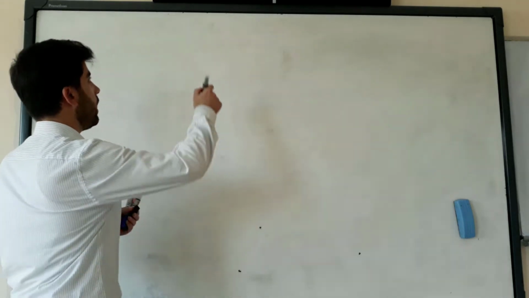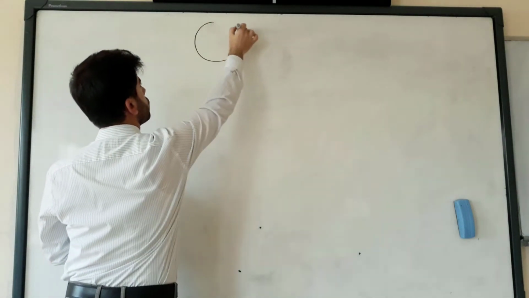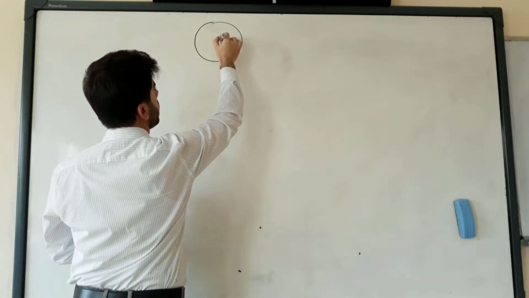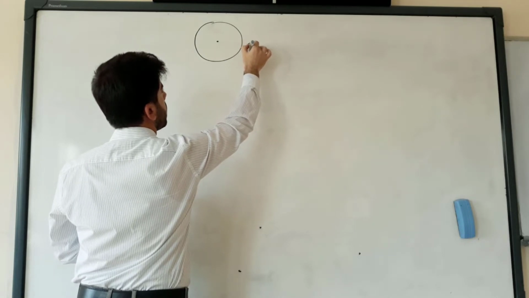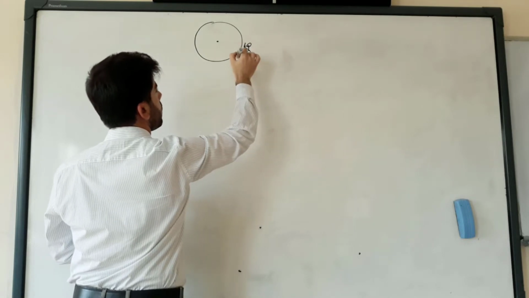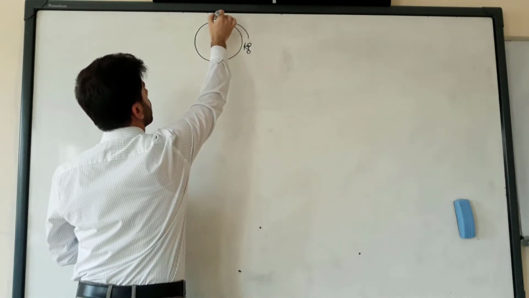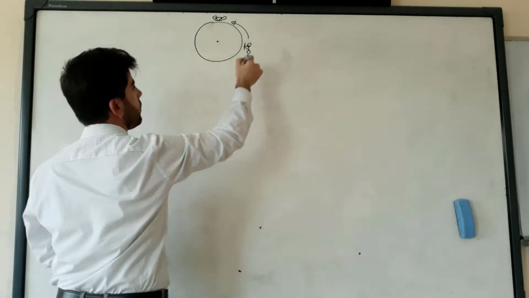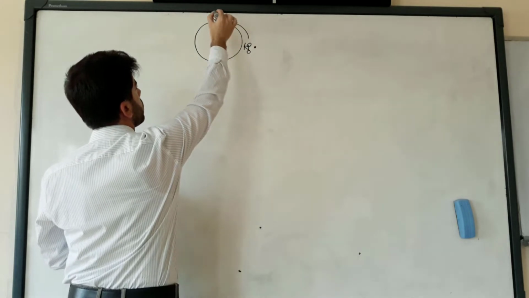So first, if we have an object traveling on a circular path, let's say it's a bicycle. We have a bicycle here and I am going to find out how to measure the amount of revolution of this bicycle. And you know that initially the bicycle was here and then traveled to here.